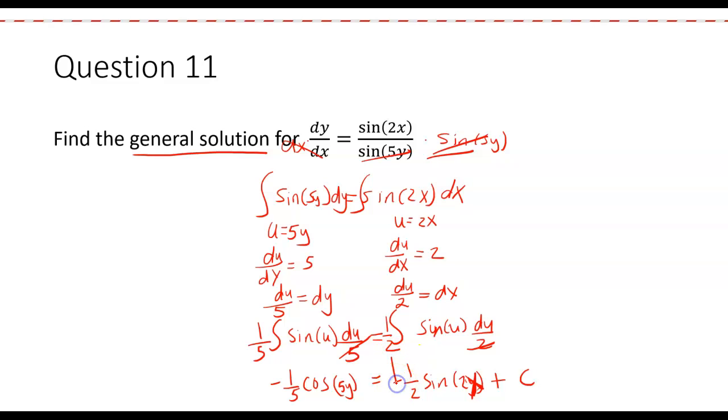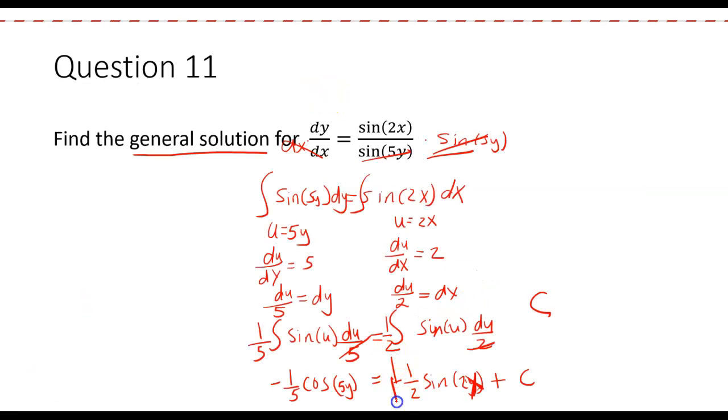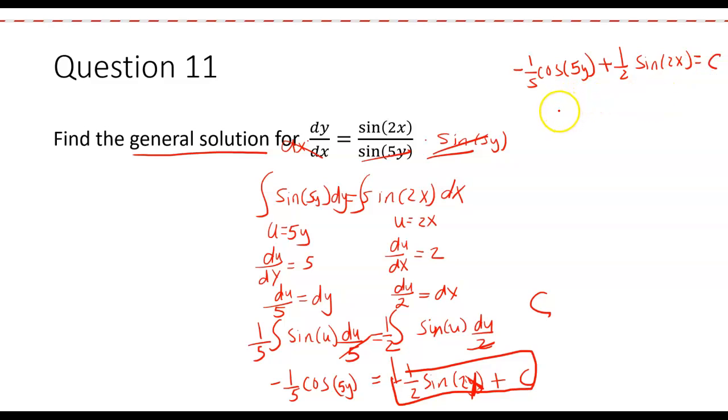Based on what we see there, we're going to add this whole thing to the other side. So we end up with negative 1/5 cosine of 5y plus 1/2 sine of 2x equals c. And then still we won't see our answer quite yet.